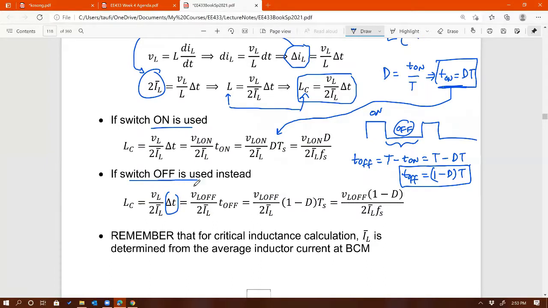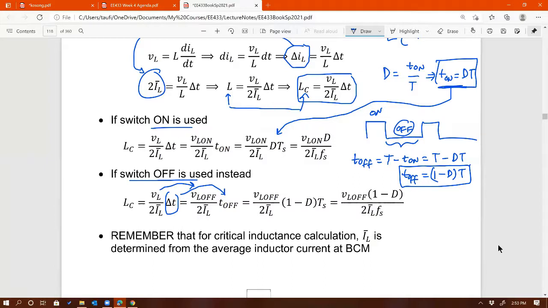See that? It doesn't matter which equation you use, you'll end up with the same values of LC. So at the end, for switch off, the critical inductance value can be calculated from VL off times 1 minus D divided by 2 IL Fs.